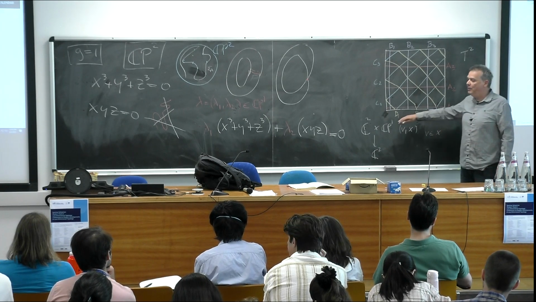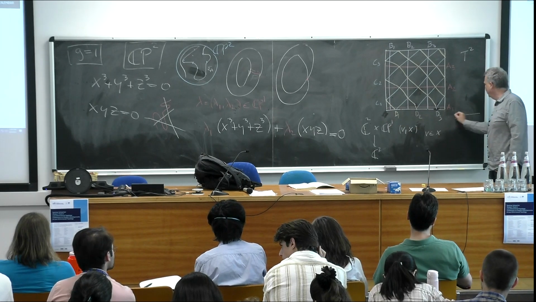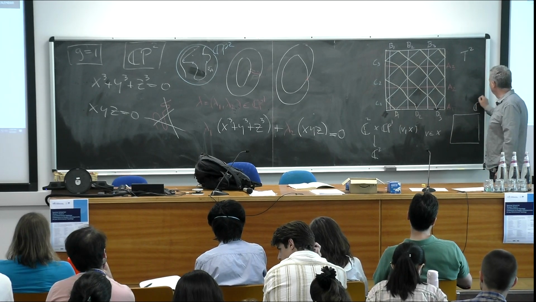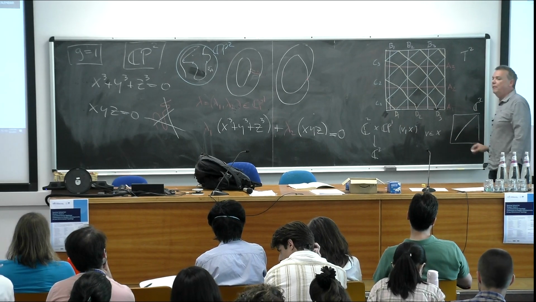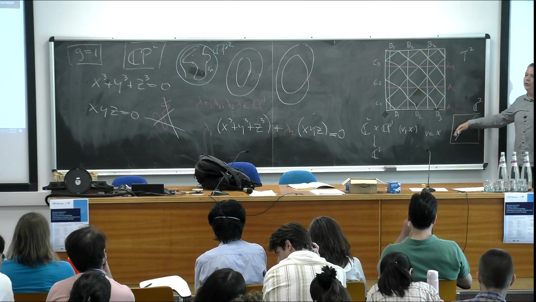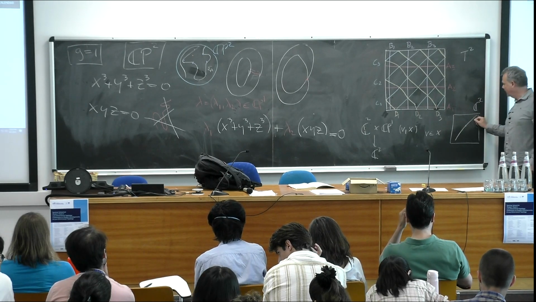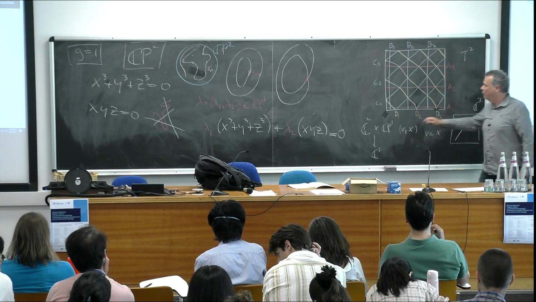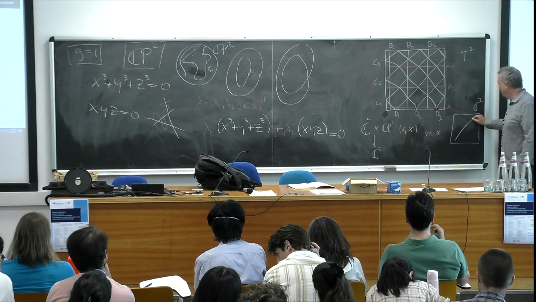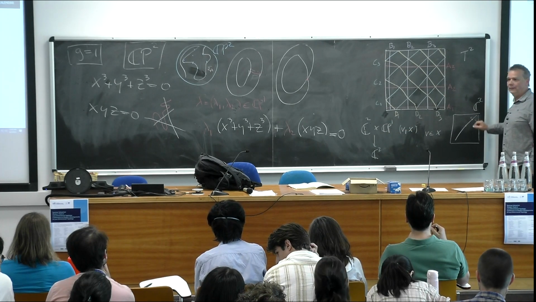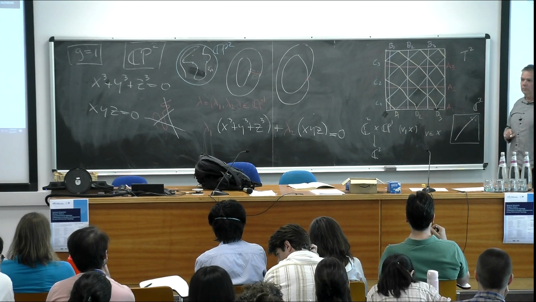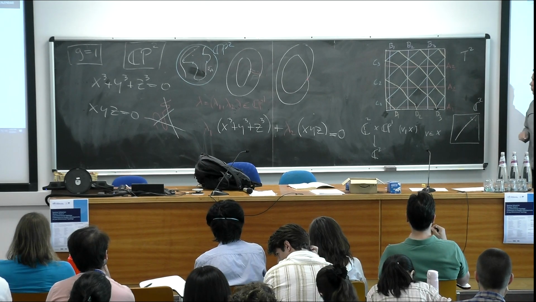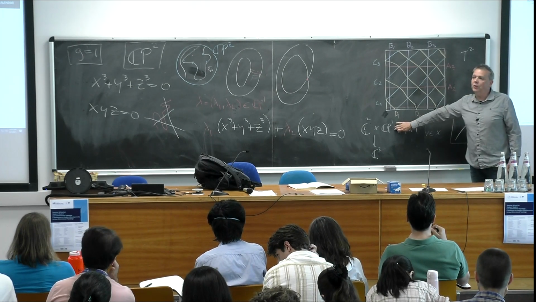So elements of CP1, this is C2, can be viewed as complex lines through the origin. And so this is X. And I'm using special vectors V in C2 that correspond to a line in this line. So this is an interesting subset here.